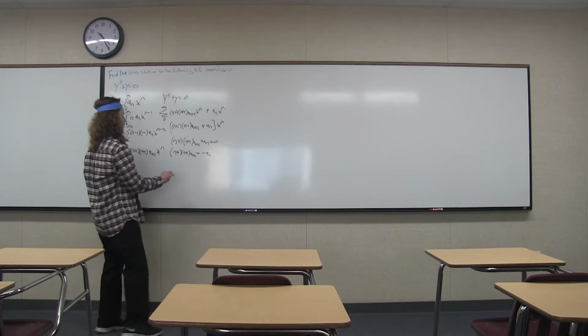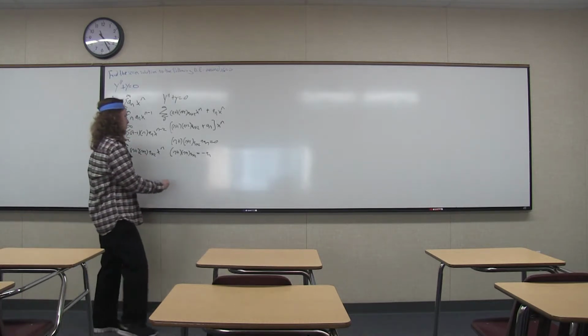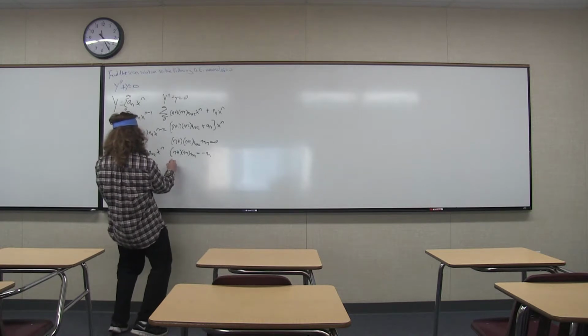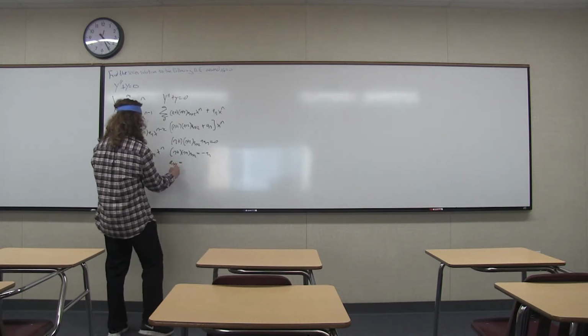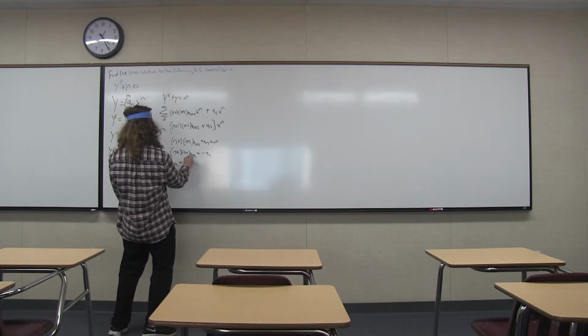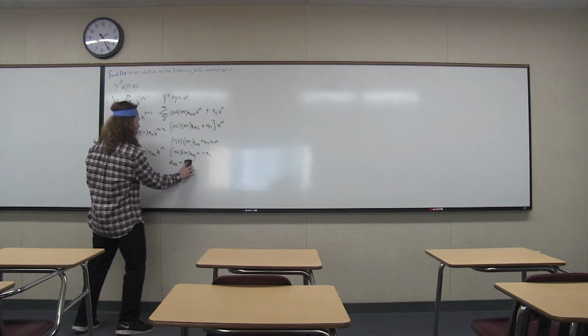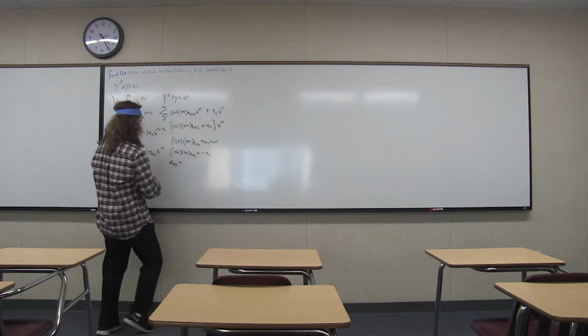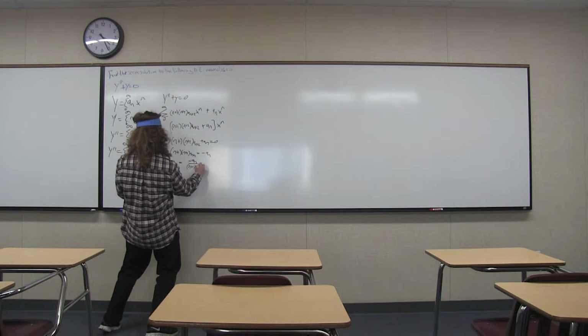And finally, we divide both sides by n plus 1, n plus 2 to find a_(n+2) equals, this is our denominator, sorry, negative a_n over n plus 1, n plus 2.